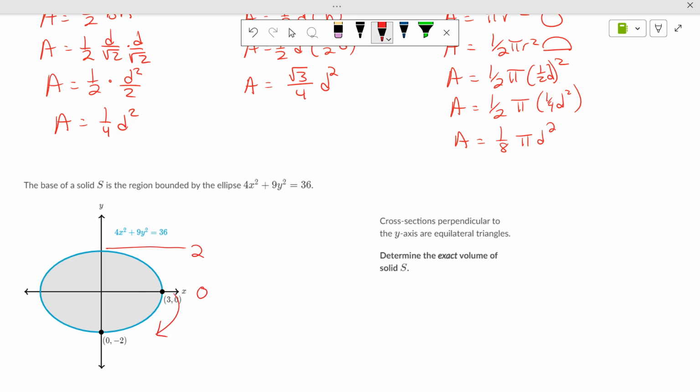We're going to have to solve that equation for x. So if we solve this equation for x, and I'm pretty sure, yep, we're going to take 4x squared equals 36 minus 9y squared. And then we're going to divide by 4.